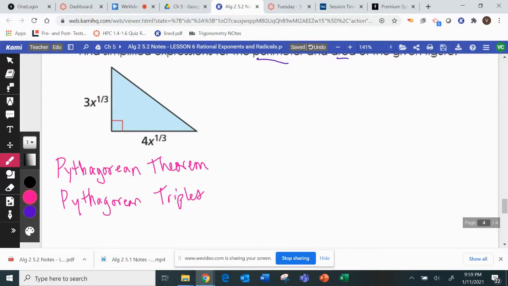So the Pythagorean theorem is a squared plus b squared equals c squared, and the c has to be that hypotenuse. Pythagorean triples would be like a list of 3 sides that are all integers, like 3, 4, 5, 5, 12, 13, 8, 15, 17.